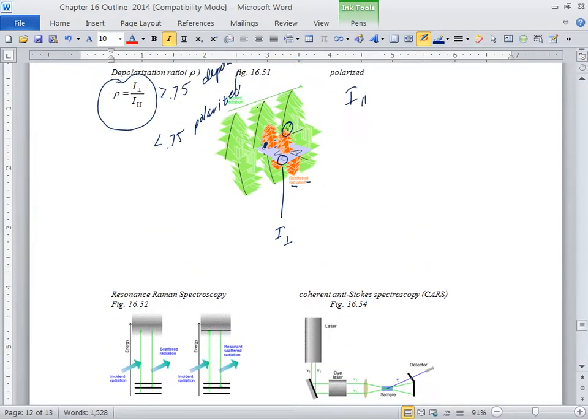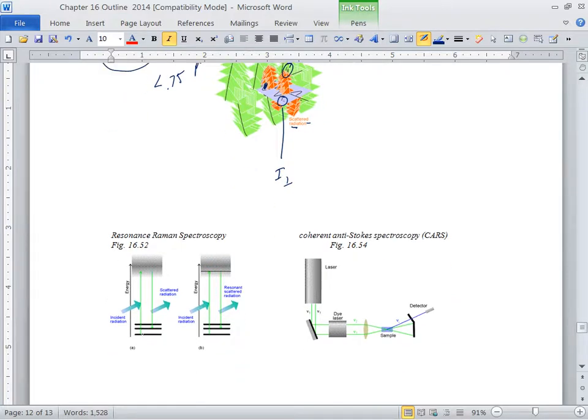And then you can enhance this: if the frequency of that incident radiation is the same as an absorbance frequency, then they don't call it Raman spectroscopy, they call it resonance Raman. So they pick two energy levels, and the incident radiation is the frequency between those energy levels.